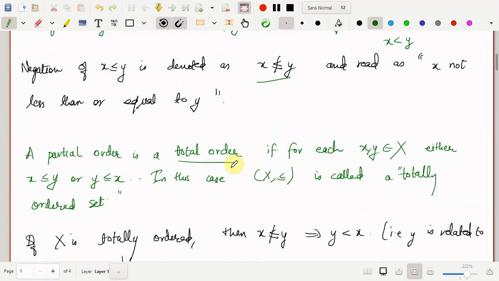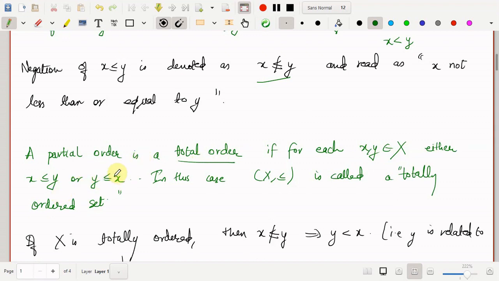So we will see in this definition what we mean by a total order. Most often we discuss a set which is totally ordered. Okay, so a relation which is a partial order is called a total order if for each x, y in X, either x is related to y or y is related to x, by that relation. Again, I read this as related most often, or I just say it as less than.